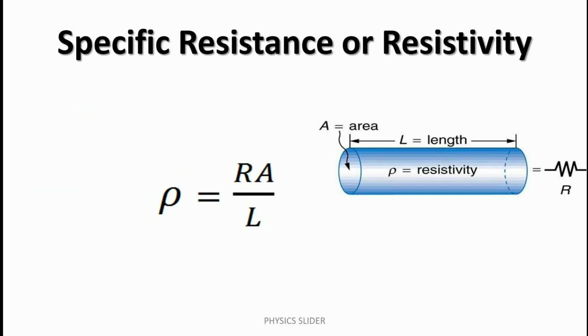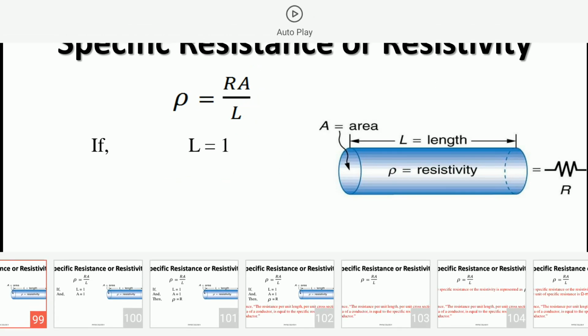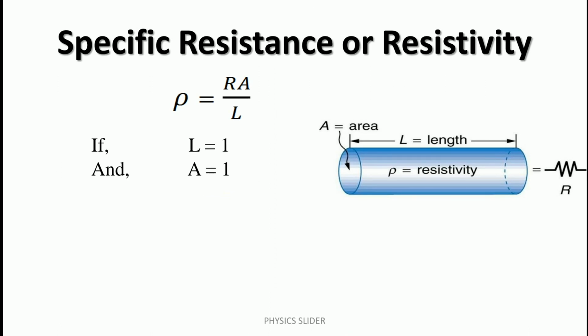So let's define. If we take this L as 1, if L is equal to 1, and we take this A as 1, that is A is equal to 1, then what happens? Watch here. Then rho is equal to R. Now we can read it.